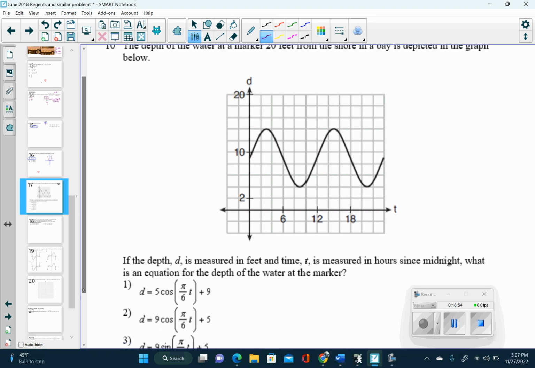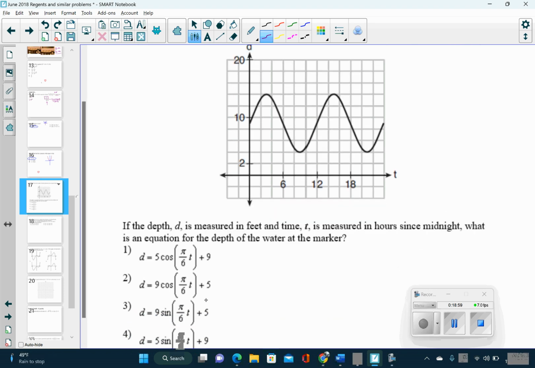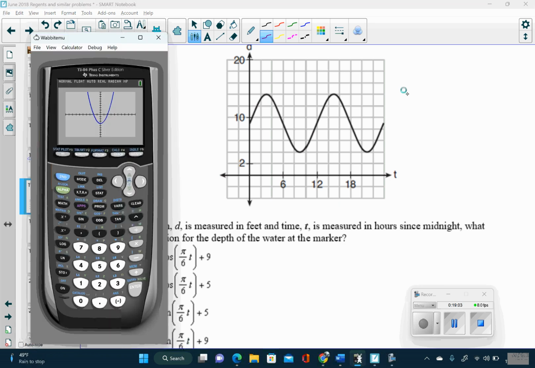Number 10. So basically what we're doing with this question is we're just going to plug each of these into our calculator and see which one gives you a function that looks like that. Before we can do that, we're going to hit window, and we're going to make our window the same numbers as it is here. So I see that this right here is 6, then 12, then 18. So it looks like every 3 boxes is going up by 6.